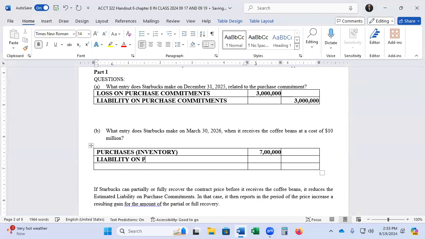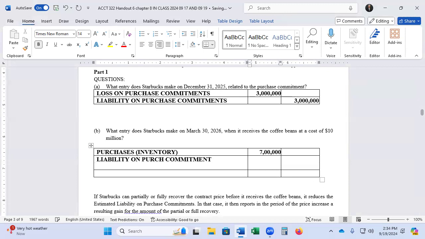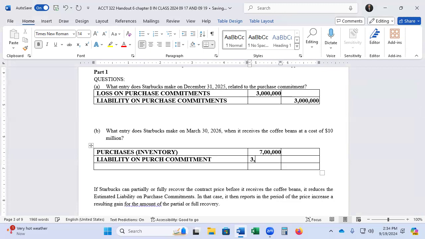Liability on purchase commitment, $3 million. And then you would pay cash for 10 million.